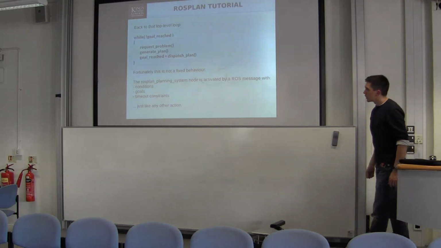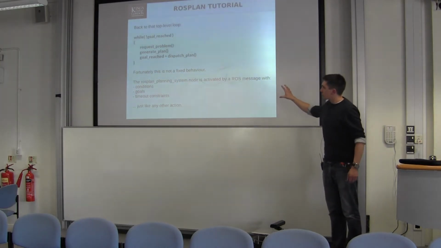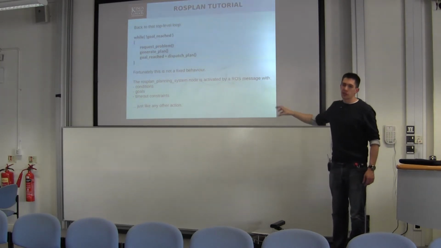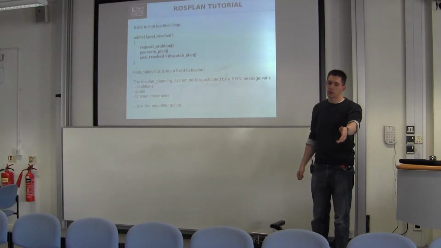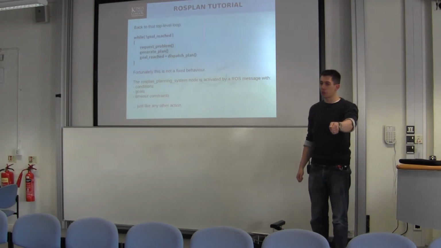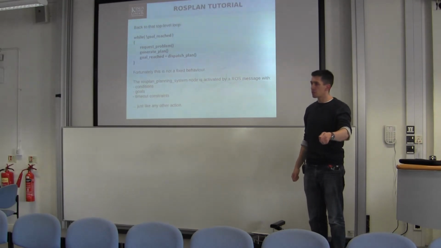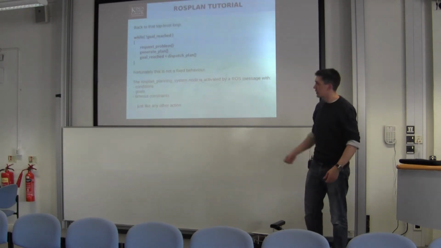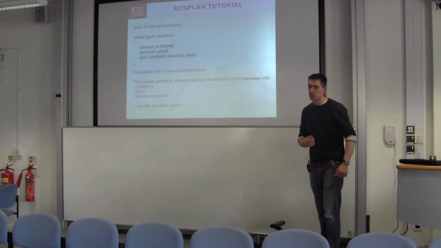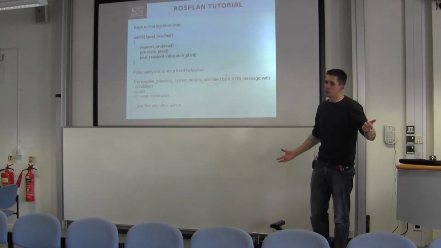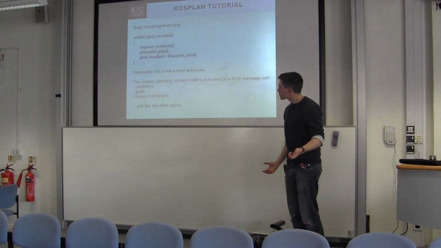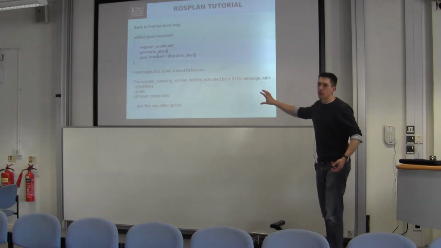One of the ways the ROSPlan planning system can be activated is with a ROS message. You send a ROS message to the ROSPlan planning system saying, here are some goals, here's the plan I want you to use as input. And then as output, the ROSPlan planning system says, okay, I achieved those goals, or no, I didn't achieve those goals, we found some sort of dead end. This is just like any other node, like the loop-based node.